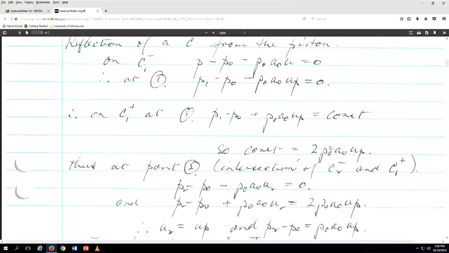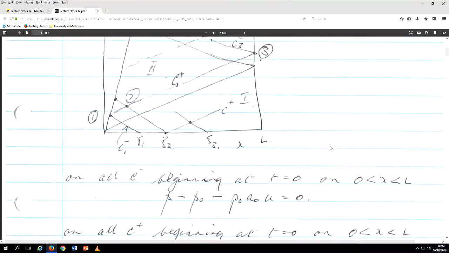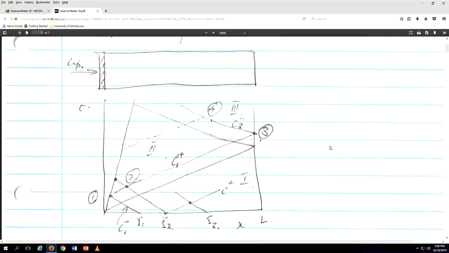That will be true because I've worked it out for this particular point. This particular point would be the same as any point in this diamond here. So in that whole region 2, the pressure is slightly higher than the ambient pressure, and the velocity is not zero. So we've got a propagating wave to the right.